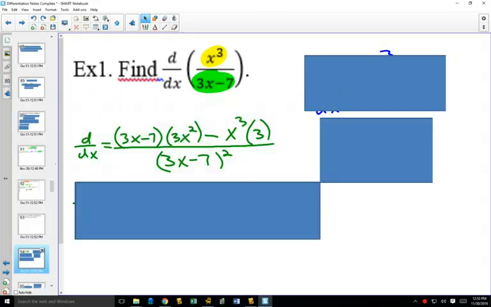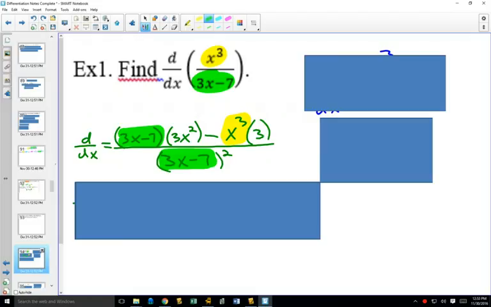We keep the bottom the same, multiplied by the derivative of the top. Then we subtract, keep the top the same, multiplied by the derivative of the bottom. And then on the bottom, you take the original thing you had on the bottom and square it.